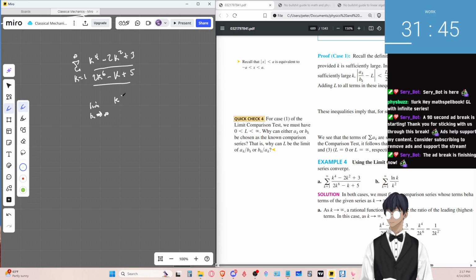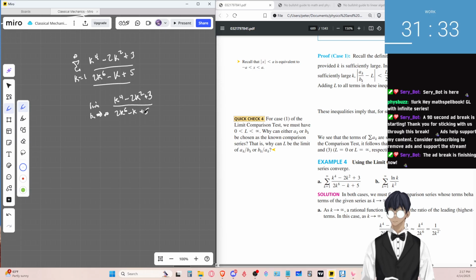Yeah, because if this is A, this part, so they will go to infinity, both of them. But let's see if we can do L'Hopital's rule.